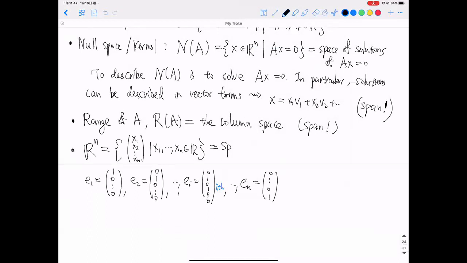If you use these vectors, you can easily see that an n-tuple x1 through xn is in the span of these e's.